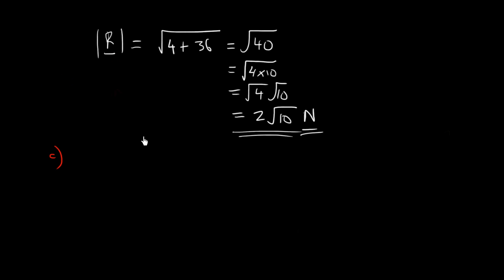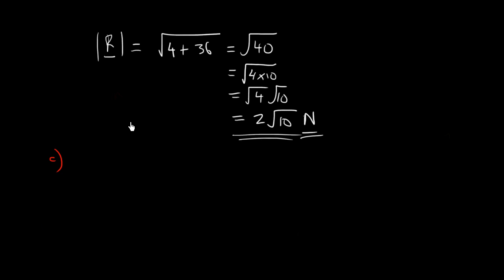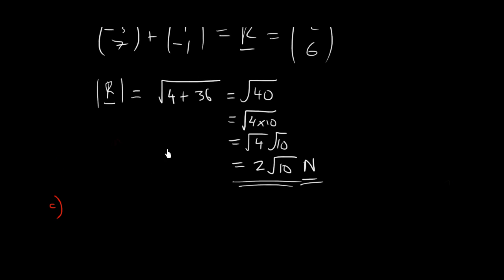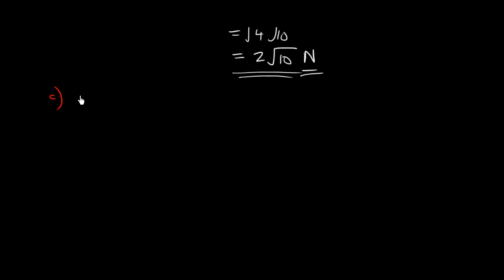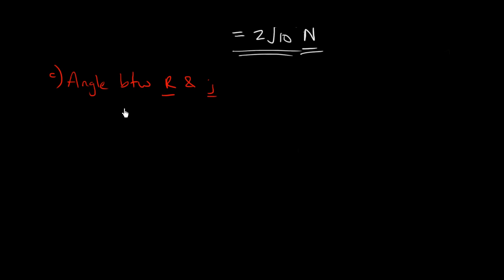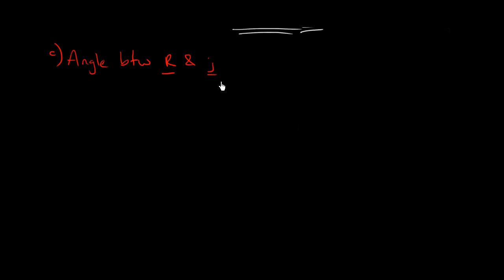So part C has the following request. It says, calculate to the nearest degree the angle between the line of action of R and the vector j. R is minus 2 and 6. So we need to find the angle between vector R and the direction j.